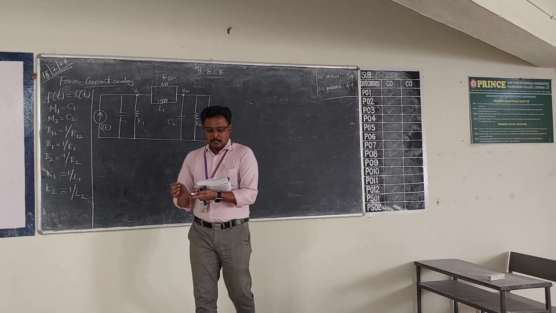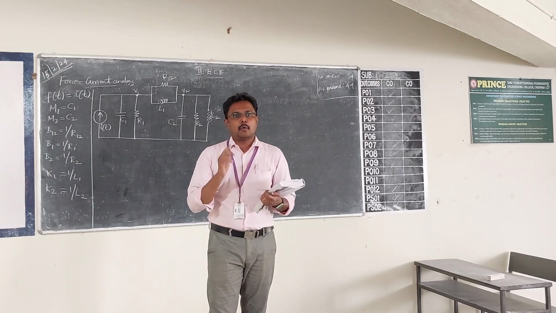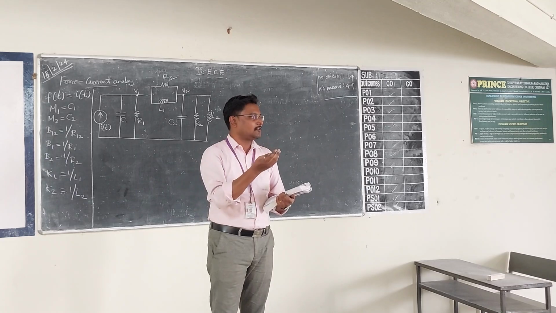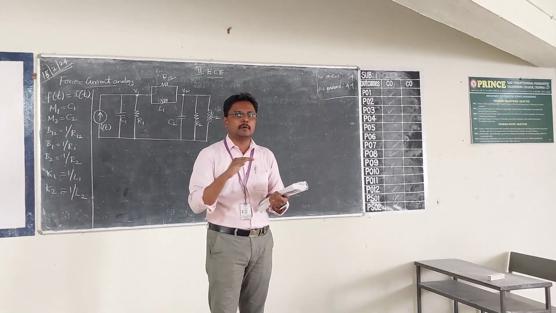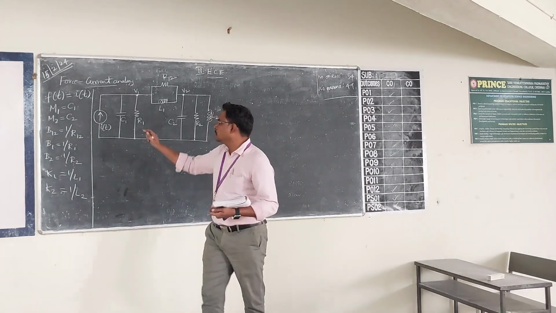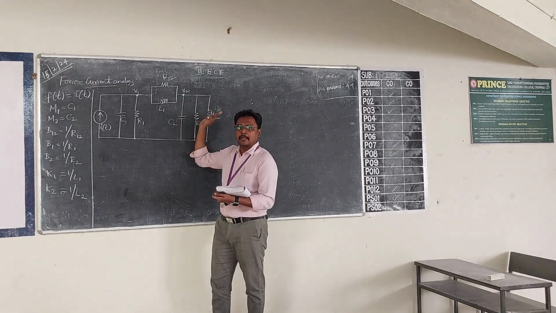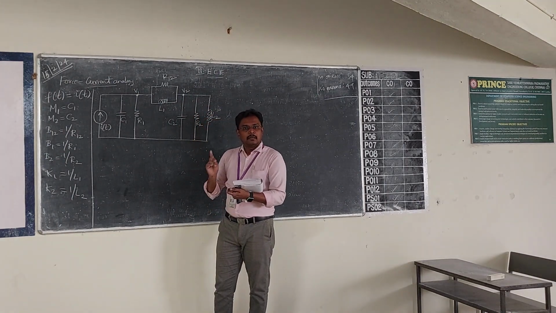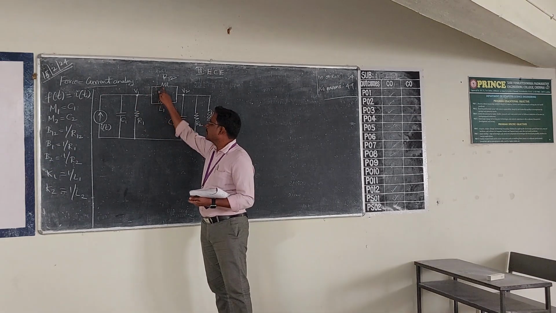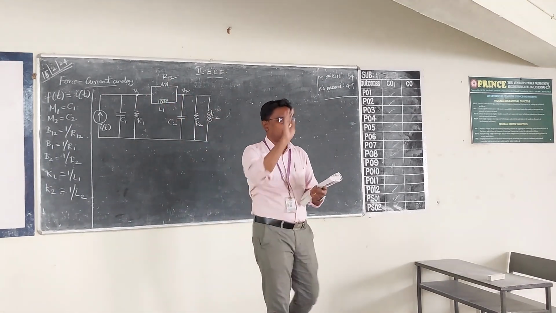Now we have to draw two separate diagrams, one diagram for node 1 and another diagram for node 2. Just as we separated mesh 1 and mesh 2 yesterday, here also separate the elements connected to node 1 and node 2. Whatever is common will appear in both diagrams, because it is common to both the nodes.